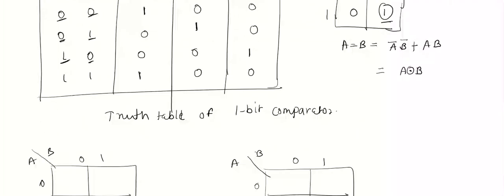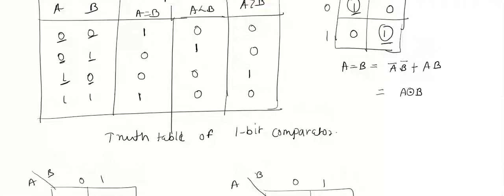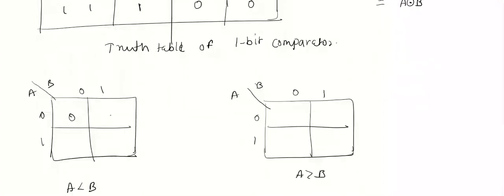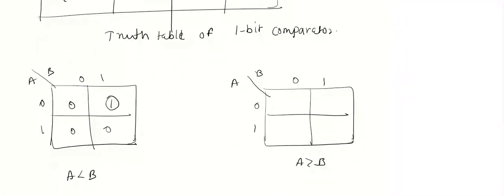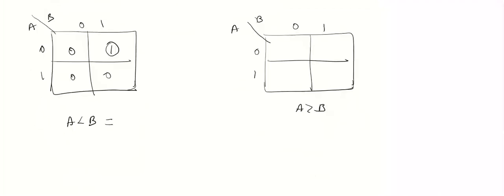After plotting the outputs of A less than B, the K-map will look like this: 0, 1, 0, 0. Only one isolated one is available, so the expression represented by this isolated one is A bar B.